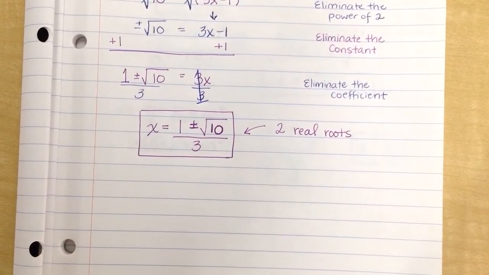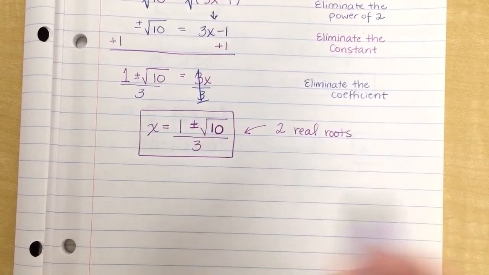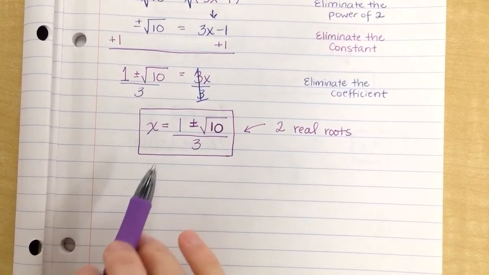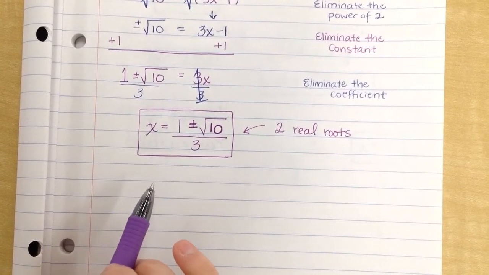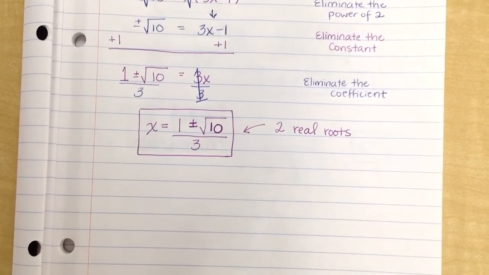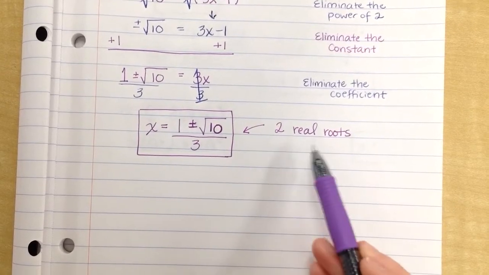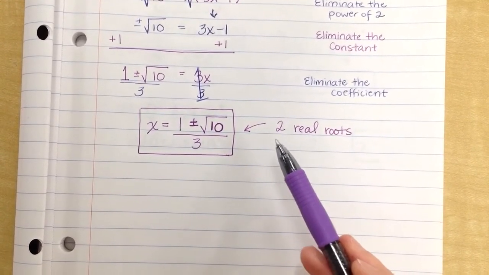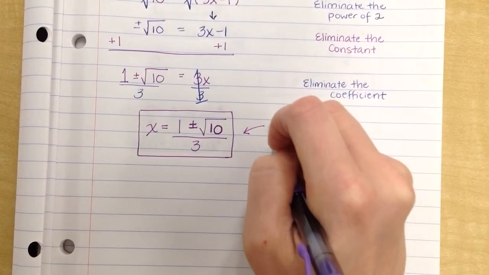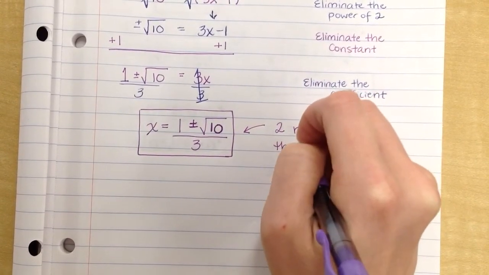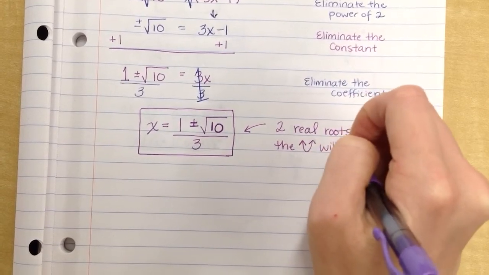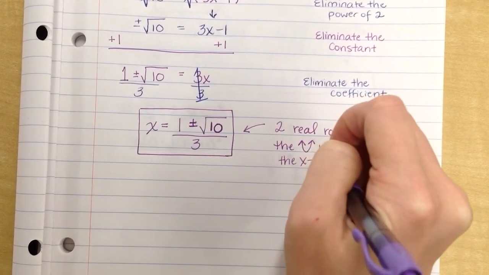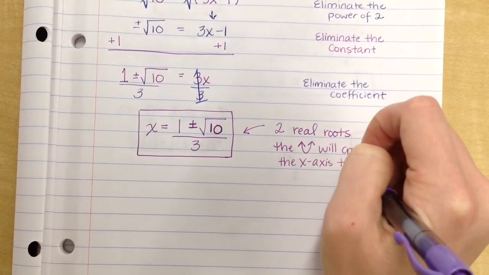Now, I'm not saying that we actually know what these numbers are. This is our final answer unless we use a calculator to compute the decimal approximation so that we would be able to graph it. However, all I'm asking is, what does this tell us about the graph of the parabola? This tells us that the parabola will cross the x-axis twice.